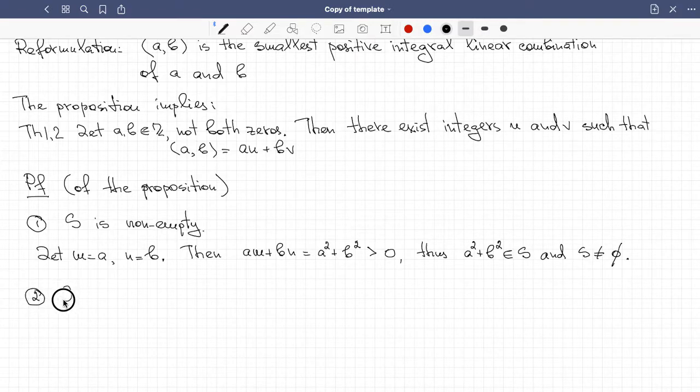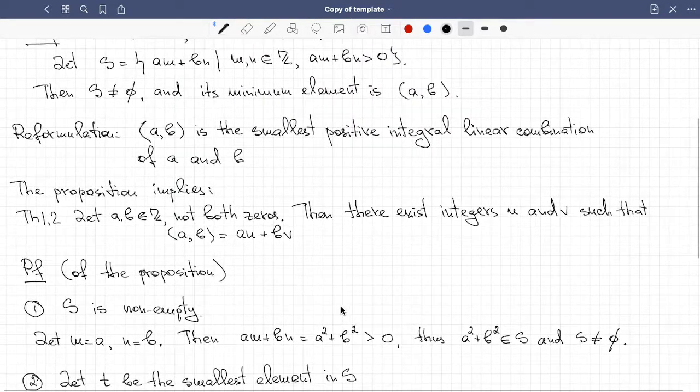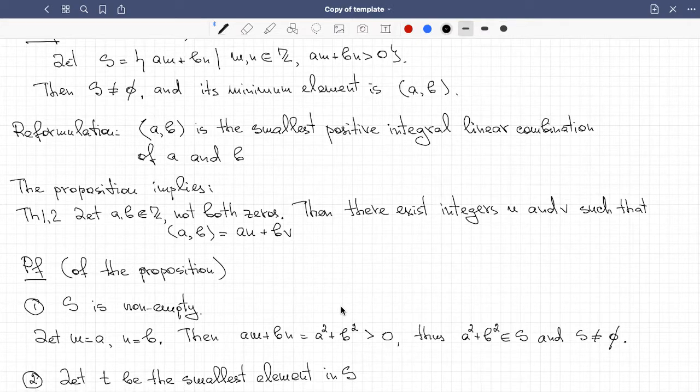So we say that T be the minimum element in S. It exists because S is a non-empty set of non-negative or positive integers.